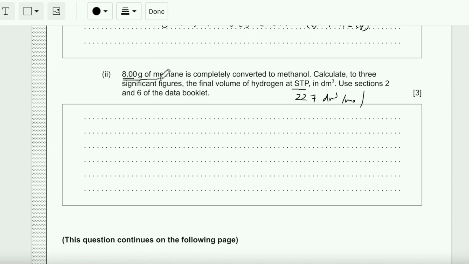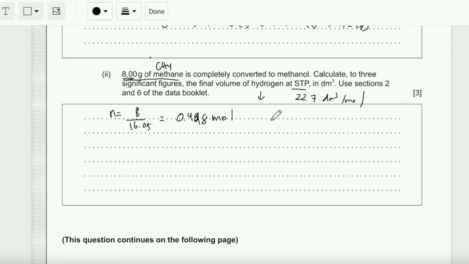When you see 8 grams of methane, methane is CH4 and there is a mass, we can directly calculate moles. 8 divided by the molar mass of CH4, 16.05, which is 0.498 mole.